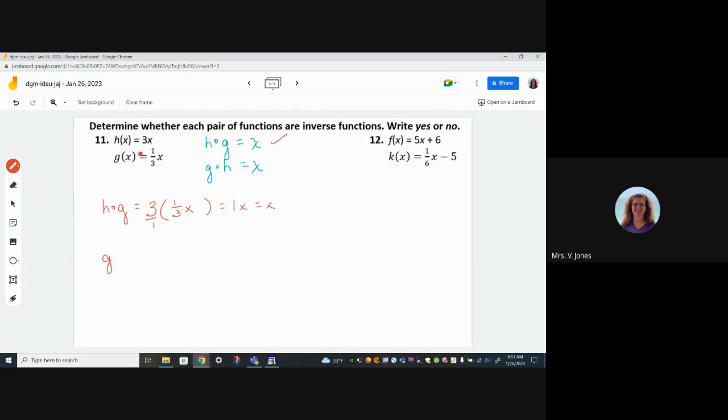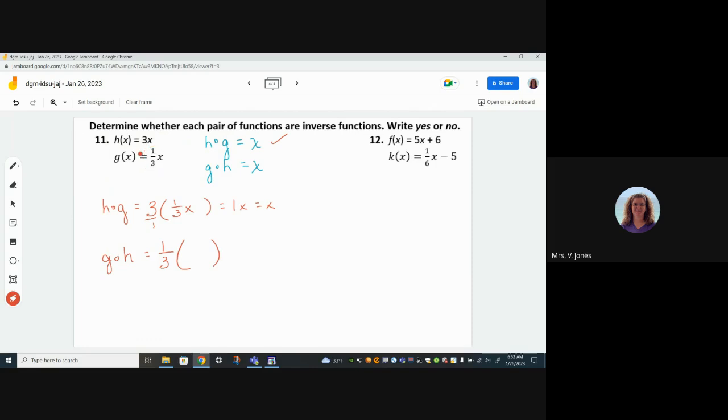So now we need to find g of h. So this time, we're going to start with function g, and what we're going to plug into it is h. So you're going to take function h, which is 3x, and you're going to plug it in to g of x. So g of x looks like this. All right, so I put parentheses where you see the x for g.